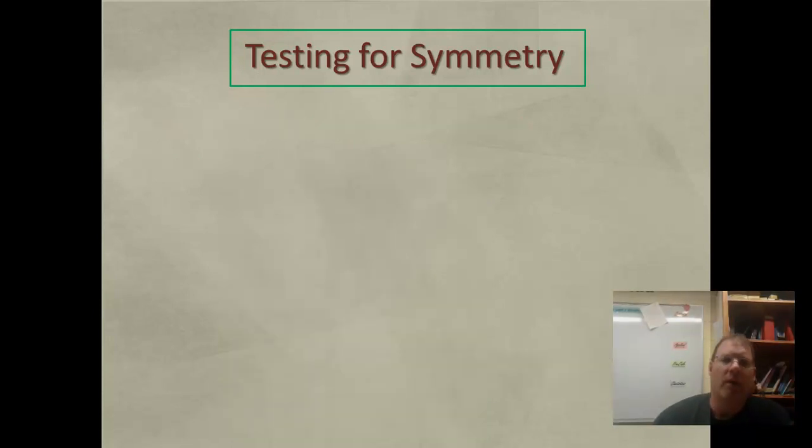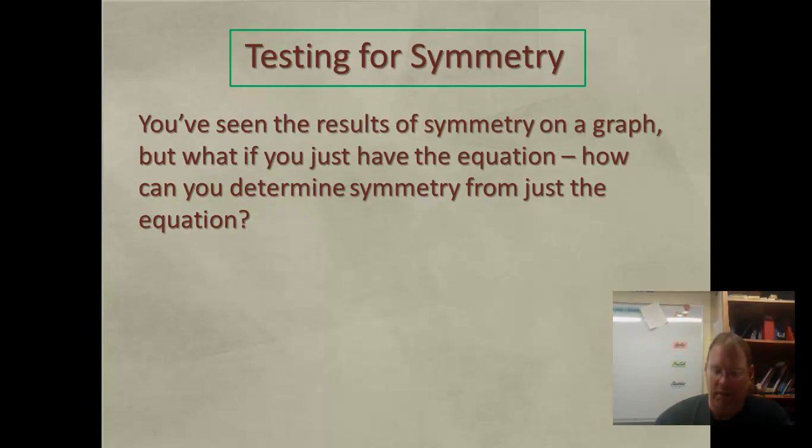Alright, so we have algebraic tests. In other words, without looking at the graph, there are ways that we can see if a graph is symmetric using just algebra. Those three examples that I showed you, you looked at the graph and you recognized that there is symmetry. Okay, now we're going to use algebraic methods to determine.